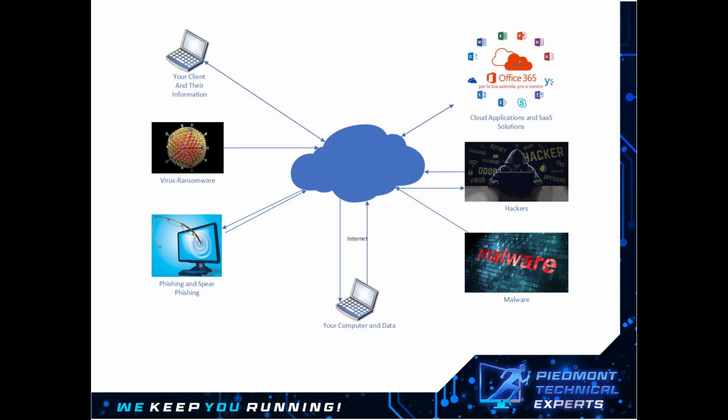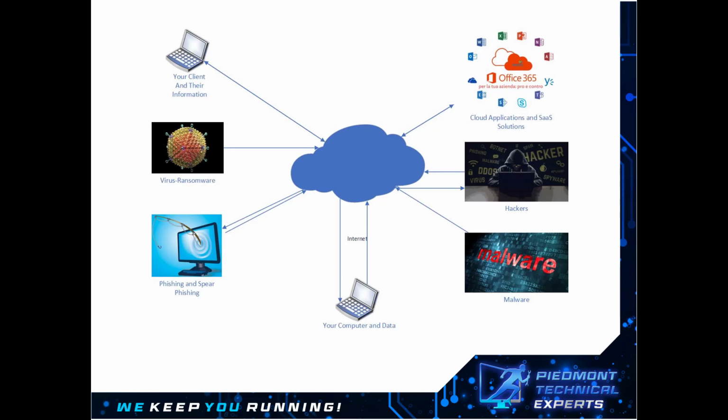This is a drawing, just a quick visual on all the things going on within the internet. You have your computers and your data going to and from the internet, going to and from your cloud applications and SaaS solutions, which SaaS stands for Software as a Service.